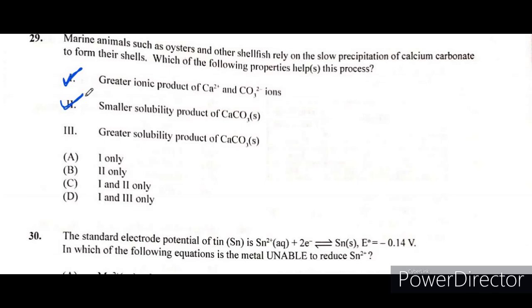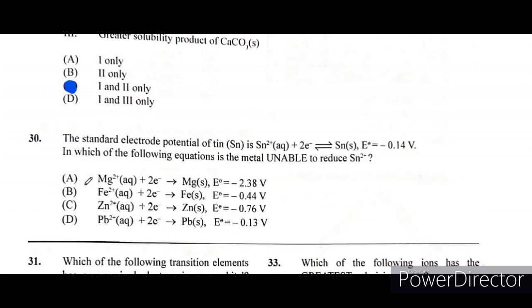So 1 and 2 for 29, so that makes 29's answer C. How I think about it is if the solubility product is great, that means that it is very soluble, but if it is small, it's not very soluble. And I think that's how it's supposed to be thought about anyways.